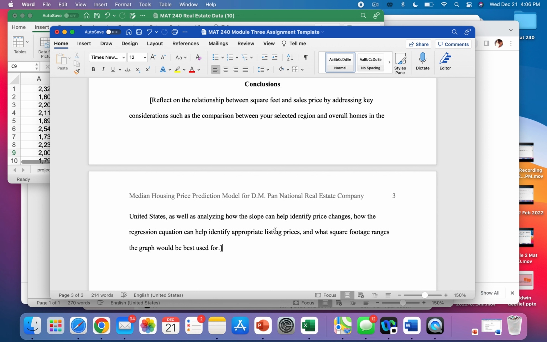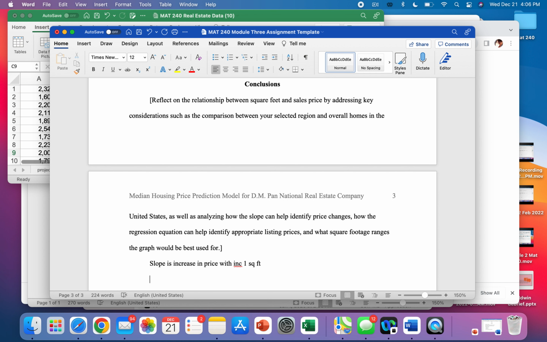Analyze how slope can identify price changes. Slope is the increase in price with an increase of 1 square foot. I'm abbreviating just to make it faster.